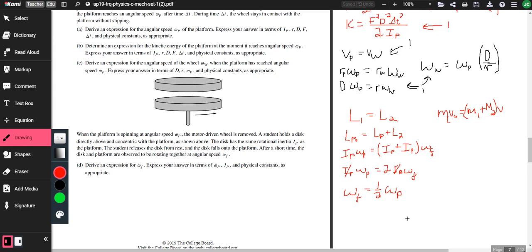Which again makes sense with the linear case: if these masses were equal, I would have had the same thing, that the final speed was equal to half the original speed. You essentially got 1 point for either of these two comments, and then 1 point for this part.